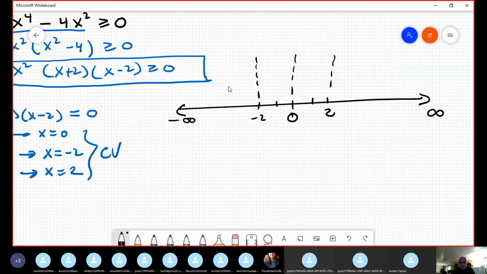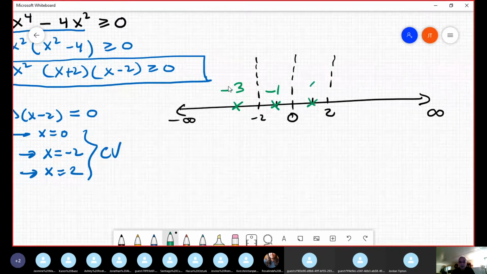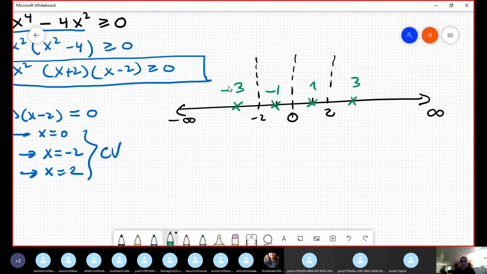So basically, we have 1, 2, 3, and 4 intervals. Y ahí select a completely arbitrary testing point. I suppose que a nice testing point is negative 3, or negative 4, negative 5, negative 1 is good, positive 1 is good, and 3, 4, 5, 6, 7. So one guy inside each interval.